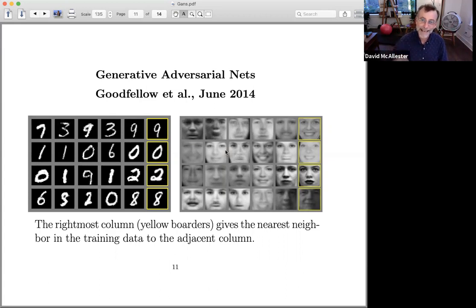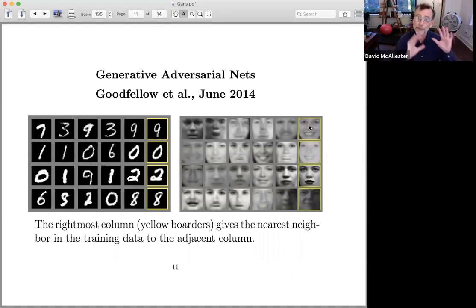So to test whether the generator has learned to just generate images from the training set, what they've done here is put the nearest neighbor from the training set next to this image, right? So we're taking this image, this 9, and taking its nearest neighbor from the training set. And you're supposed to see that this 9 is not the same as that 9, and this face is not the same as that face. It's just sort of a sanity check.